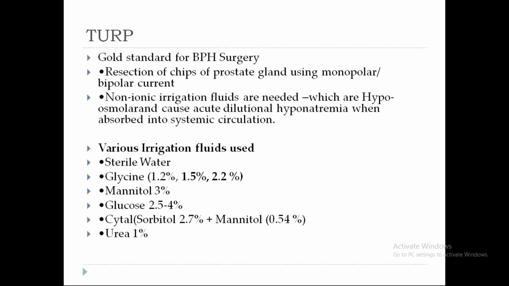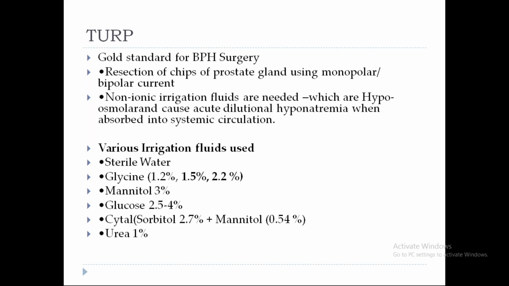Most important here is the irrigation fluids, which are hypoosmolar and cause acute dilutional hyponatremia when absorbed into systemic circulation. So these irrigation fluids should be used cautiously and the surgery should be done fast.